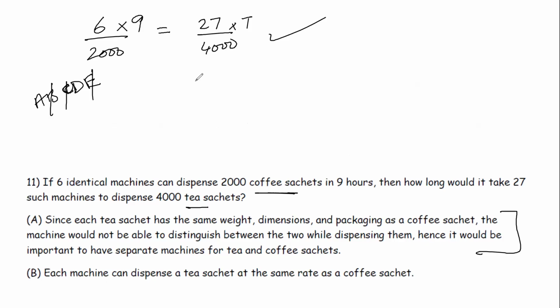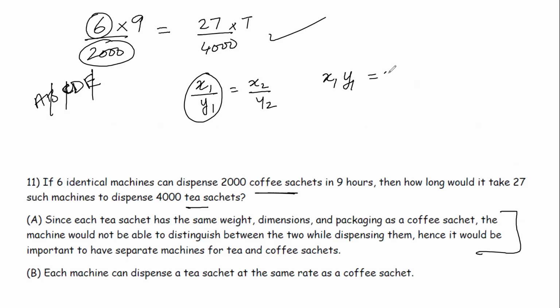It is nothing but the expression we use when two things are directly proportional. So we can compare this with machines and sachets. And when two things are inversely proportional, we use this expression. So you can compare this with the machines and the time taken, like out here, it's 9 hours.